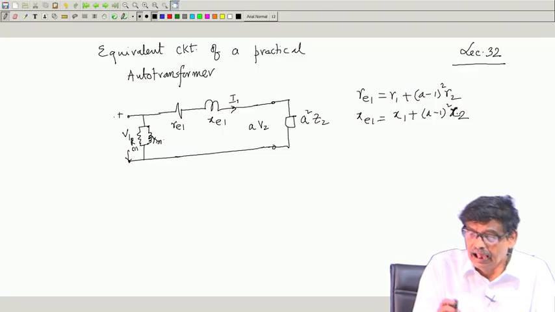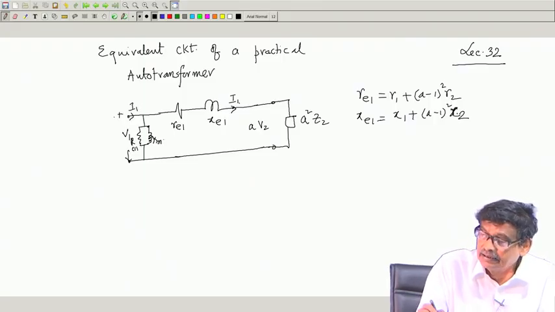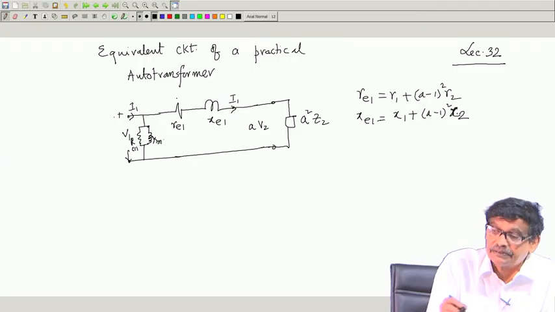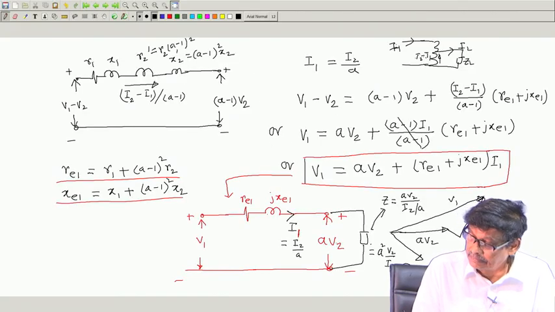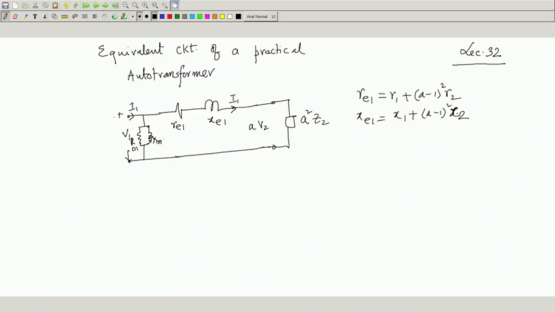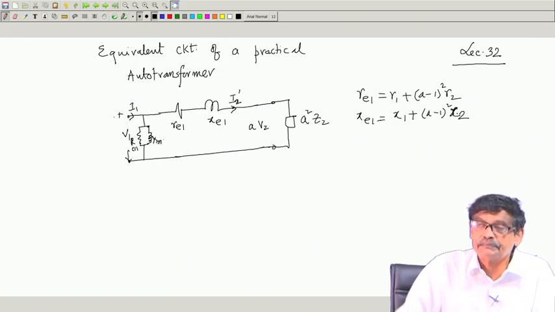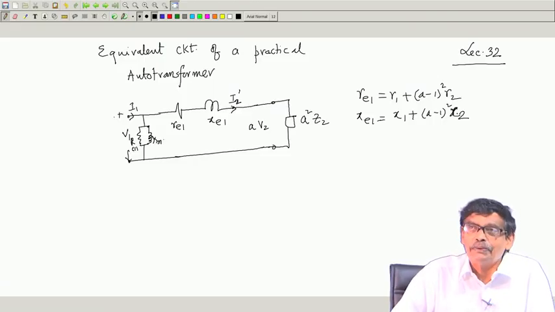So, I 1, then I should tell this one, perhaps I will tell some reflected current of this primary side, that is I 2 dashed. And once again, I 2 dashed is not I 2 by A minus 1, it is I 2 by A.